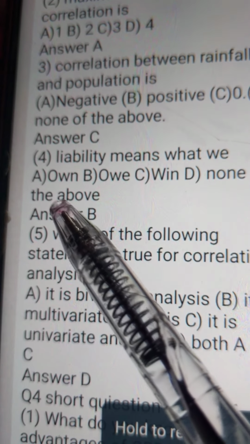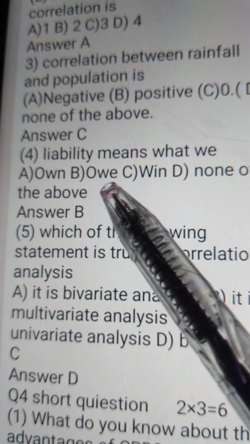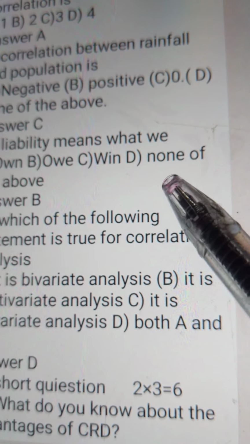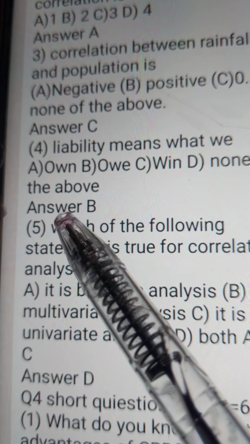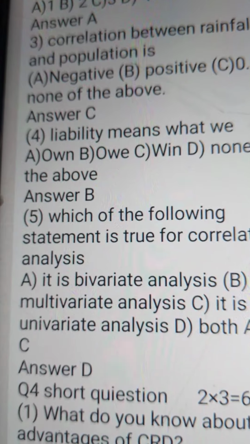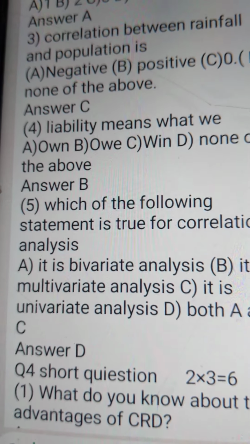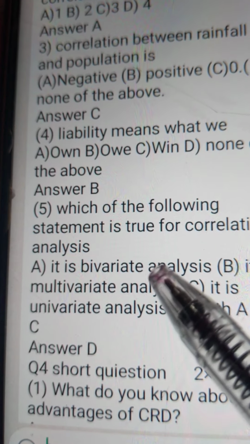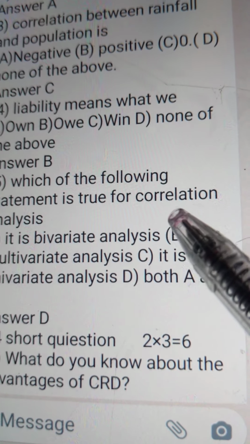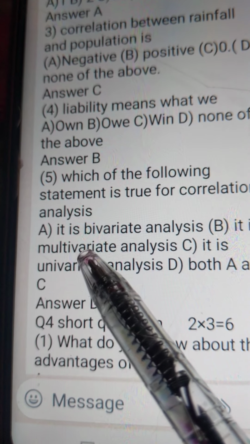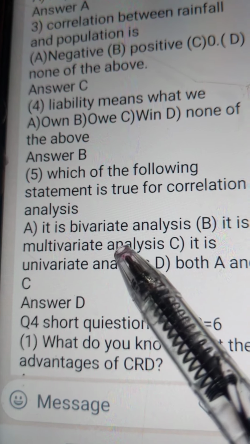Next, liability means what we owe, or none of the above. The answer is B, which is owe. The last one: which of the following statements is true for correlation analysis? A, it is bivariate analysis.